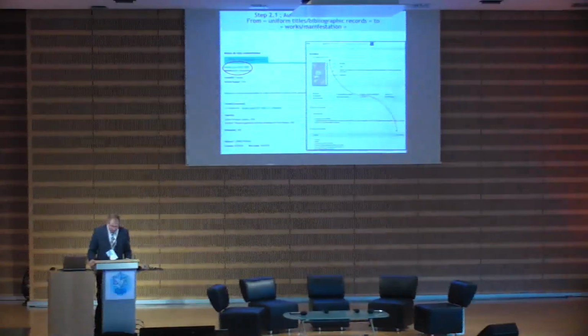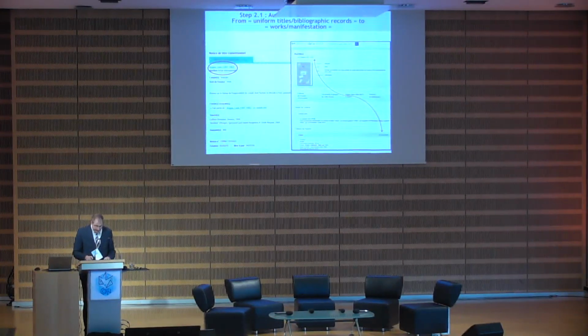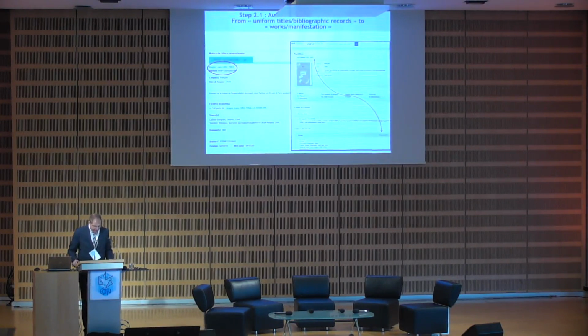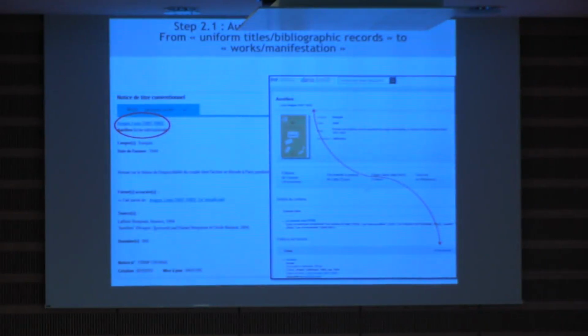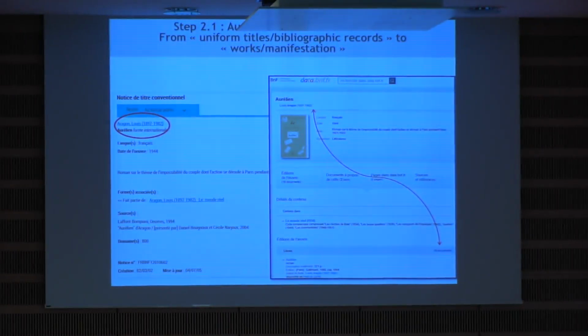For instance, we are using data.bnf.fr aligning tools to create new links between bibliographic records and uniform titles authority records, because our cataloging rules say that we have to create links between bibliographic records and uniform titles only for works as subject access.